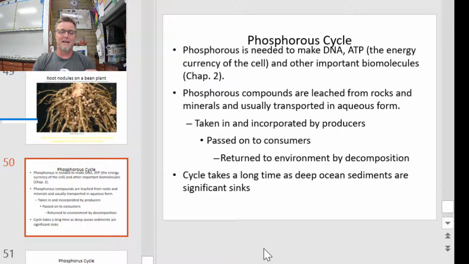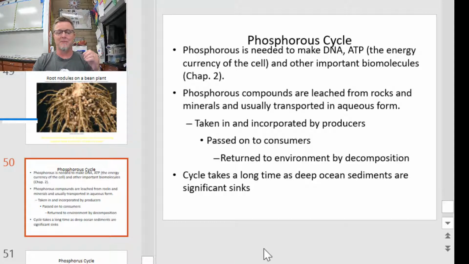The fast track involves the phosphorus which has already been absorbed simply being passed on from producer to consumer and then eventually returned to the environment by decomposition. So if you look at each of those two bullets there independently, there's your slow and fast track phosphorus cycle. If you put the whole thing together, well, phosphorus cycle as a whole is slow.